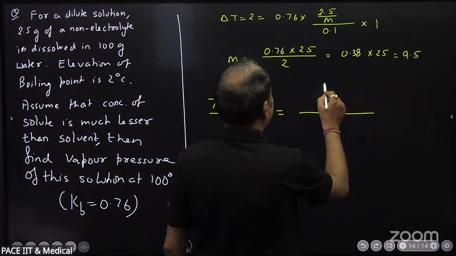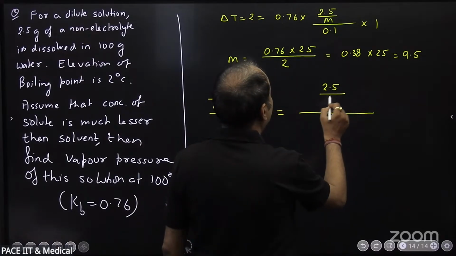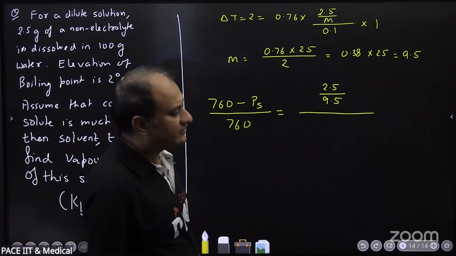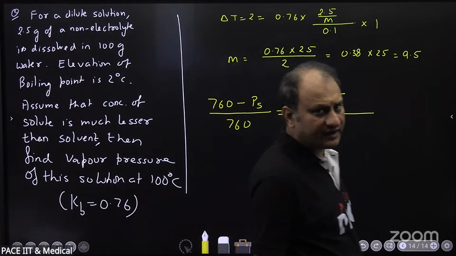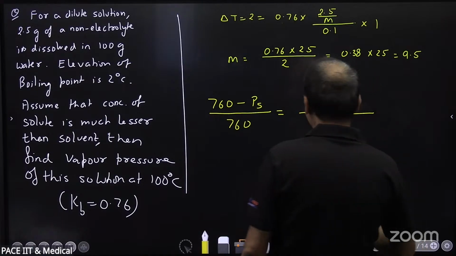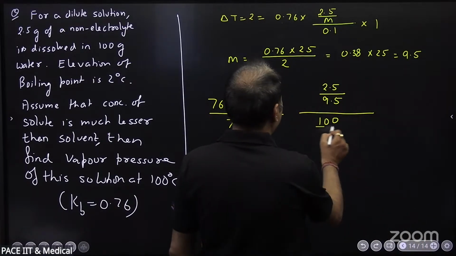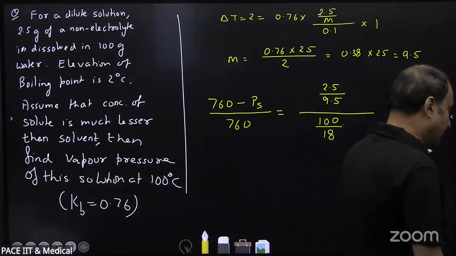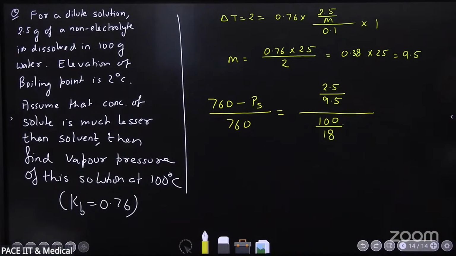So for mole fraction here, we will write moles of solute, 2.5 by 9.5, and in the denominator we will neglect moles of solute and only write moles of solvent, that is 100 by 18. Correct? So by solving this expression, we can get the value of PS.